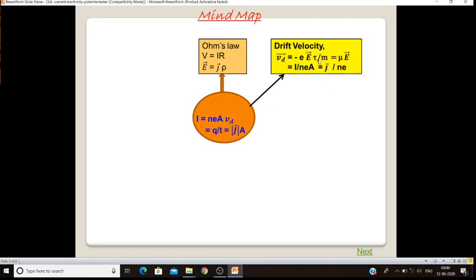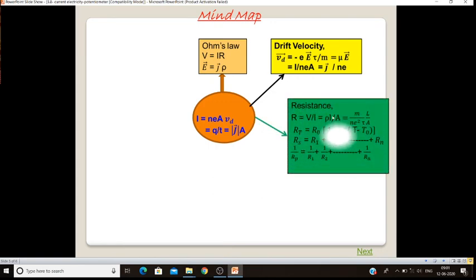Vd equal to minus E tau by m, where tau is the relaxation time. Relaxation time is the time between two successive collisions, equal to mu into E, where mu is the mobility of the electron, or this is I by nEA or J by nE. These are the different relations related to the drift velocity.